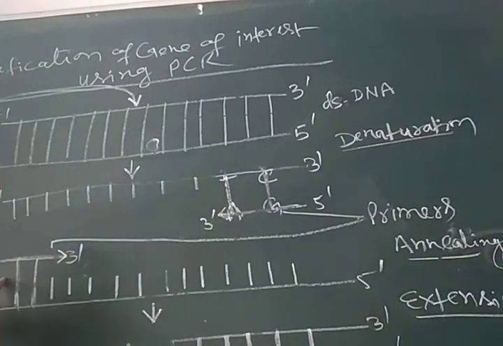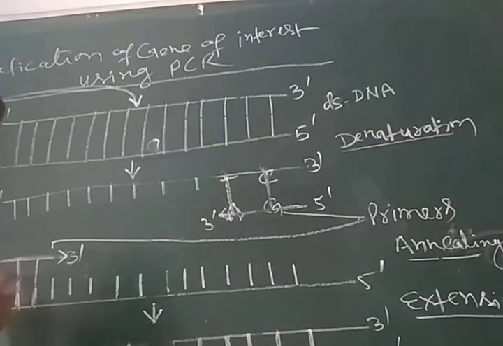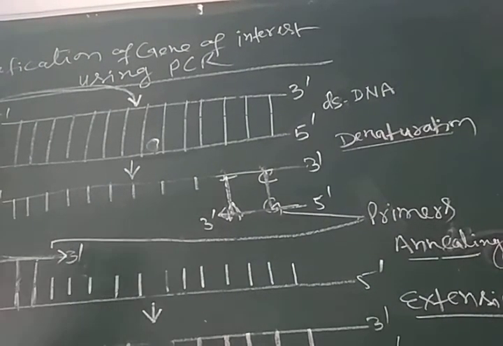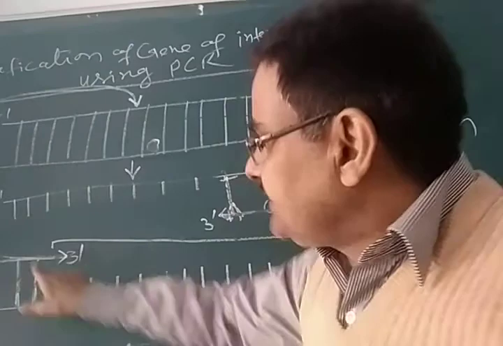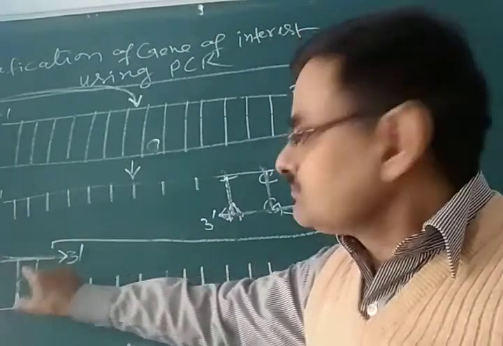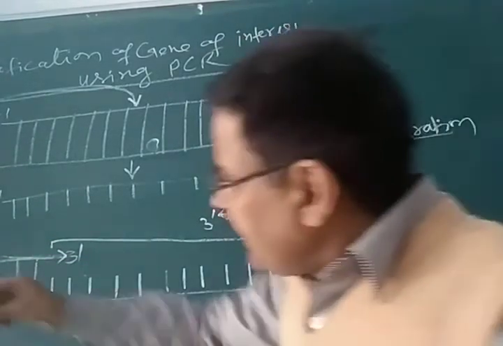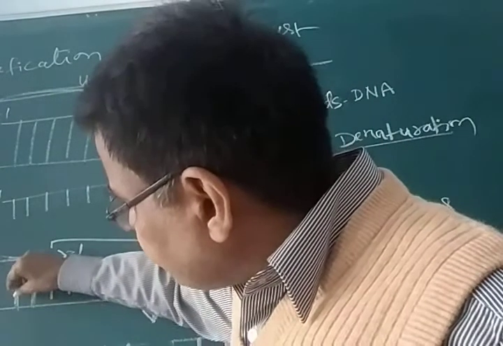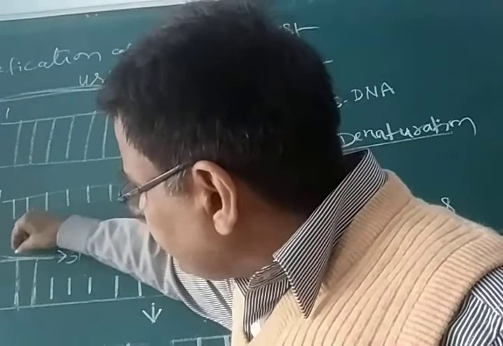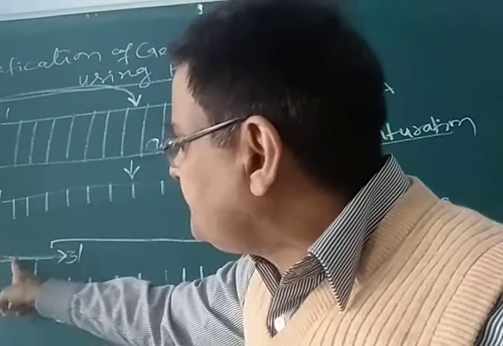Likewise, here there is another primer. This is a short, chemically synthesized oligonucleotide, and suppose in the template strand there is cytosine, then in the chemically synthesized primer there will be guanine.